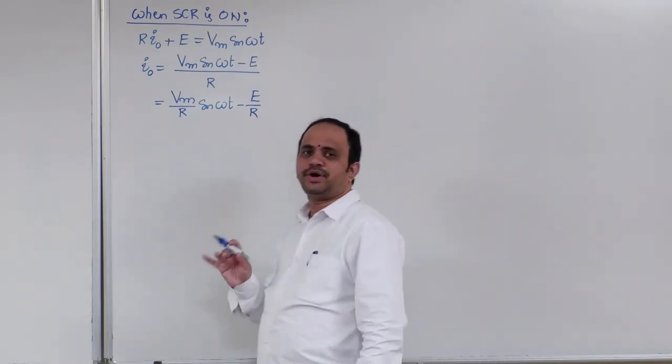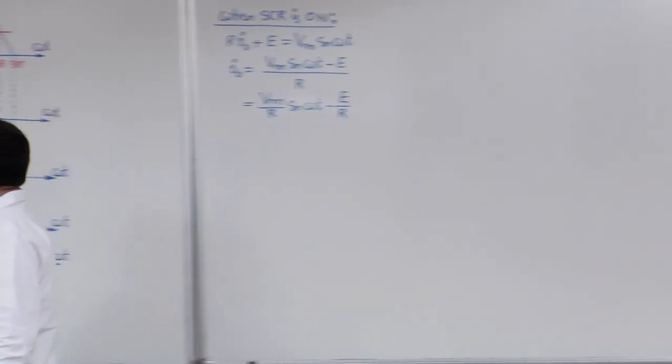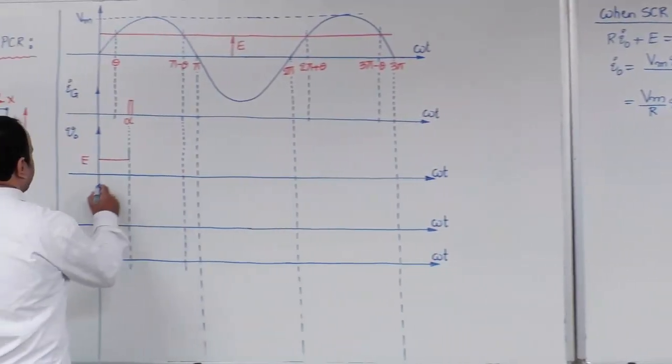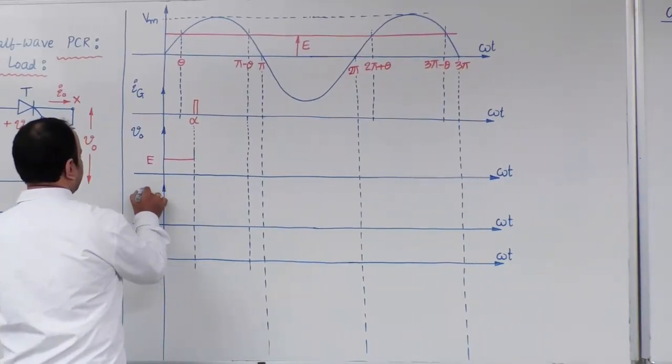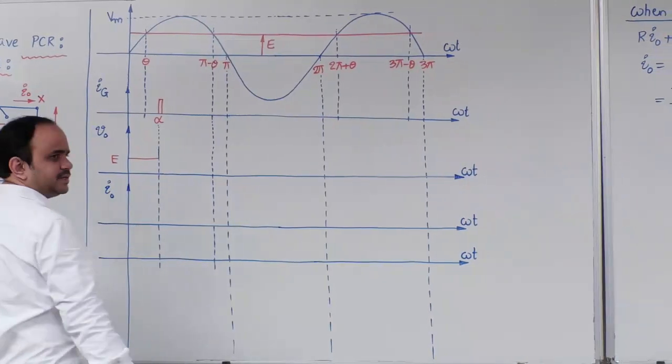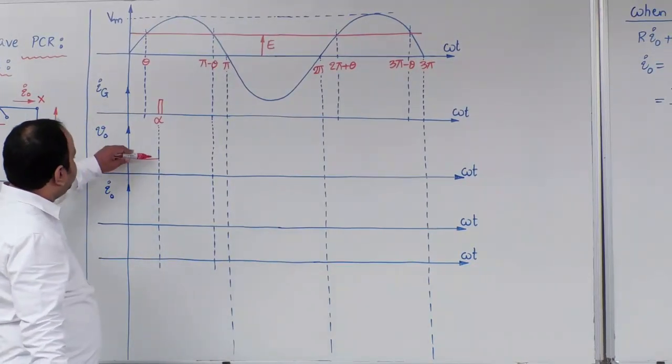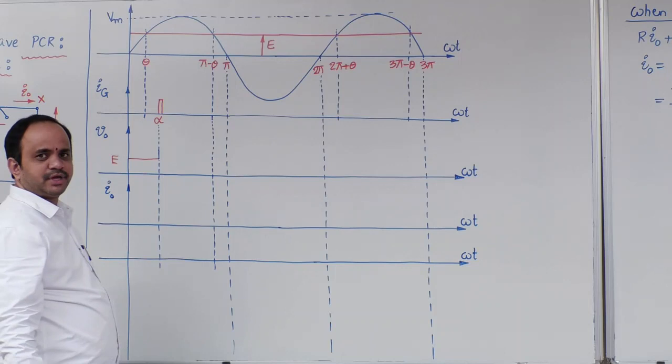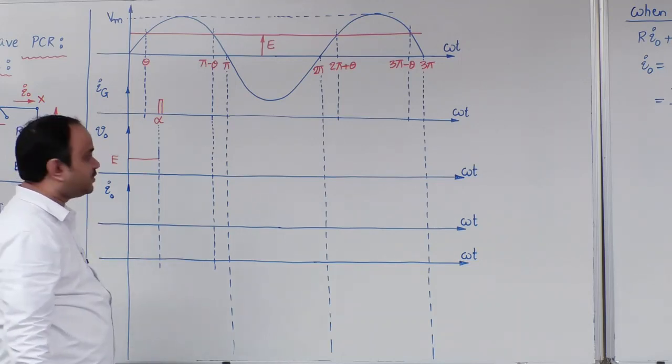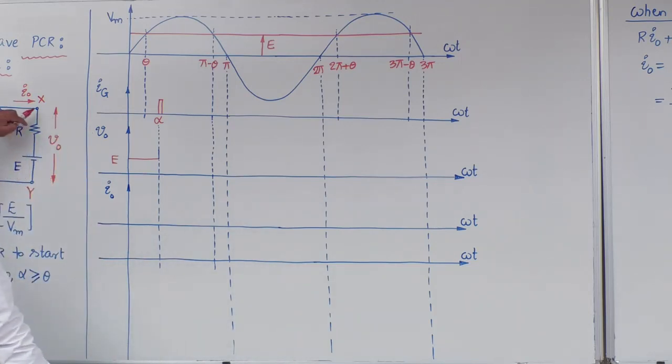So with these points, if you draw the output voltage and output current waveforms, let us see what type of waveforms we will get. V0 will start from alpha because SCR conduction started from alpha. From that instant onwards, the load will be connected to the source.